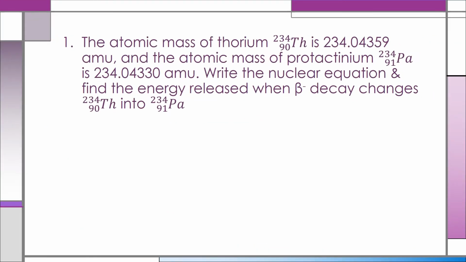All right, let's look at a sample problem of a beta decay. So we have thorium that's going to become protactinium, and we want to write down the nuclear equation and find the energy that is released. So thorium-234 is going to become protactinium-234.